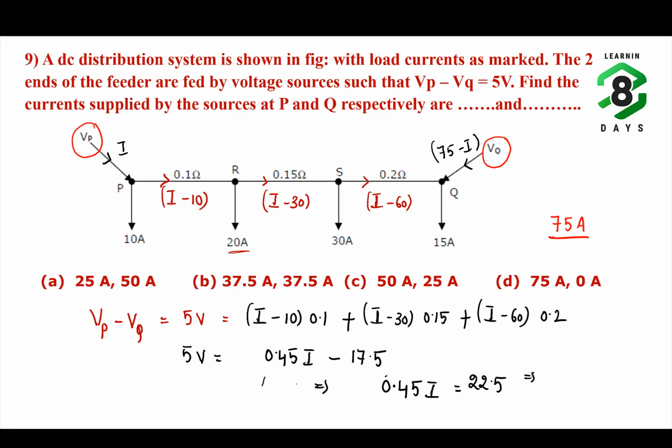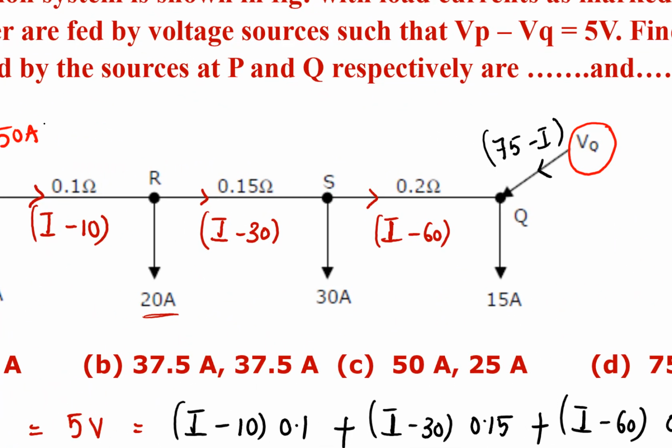So from this, I value is how much? 22.5 divided by 0.45, 50 ampere. So how much current is flowing from the source at P? It is carrying 50 ampere. Then what is the current that is flowing from the source at Q? It is remaining current, that is 25 ampere.